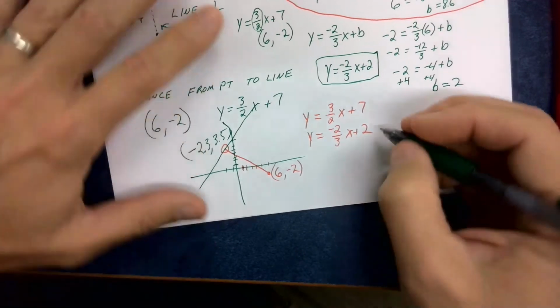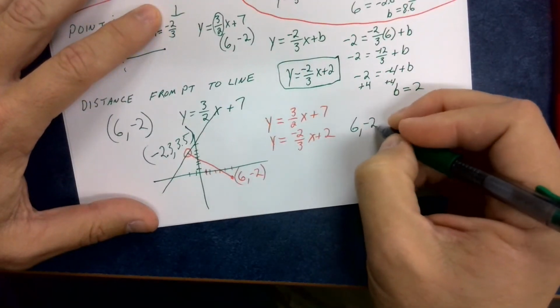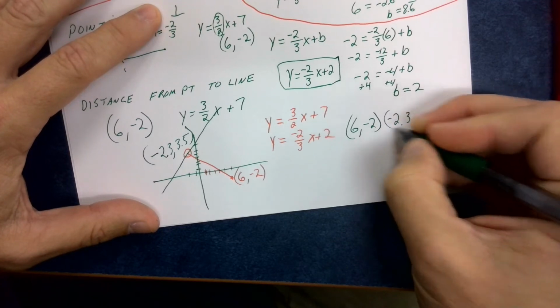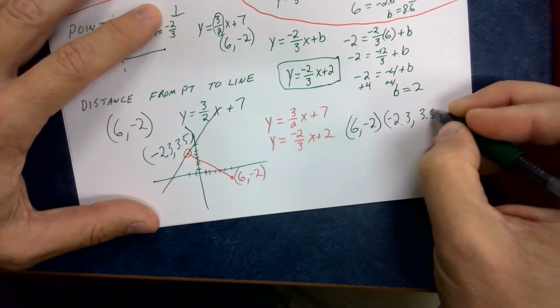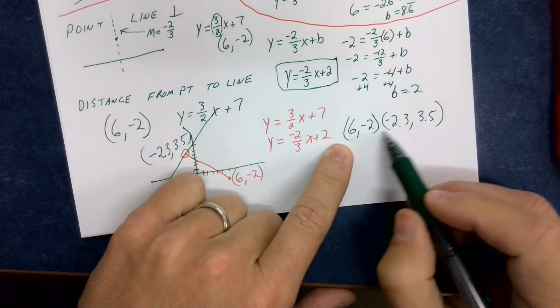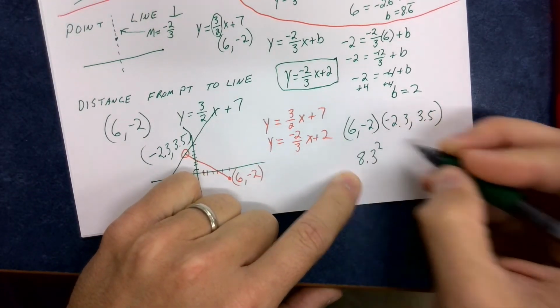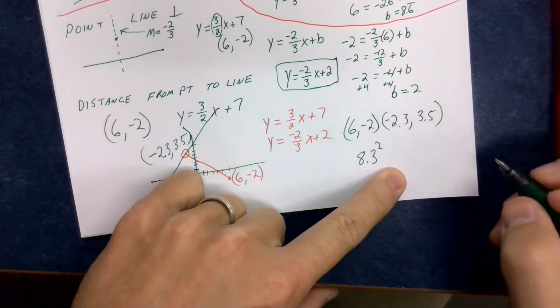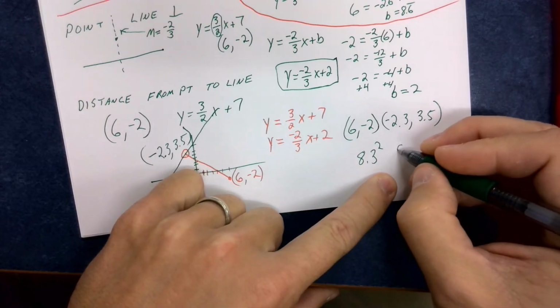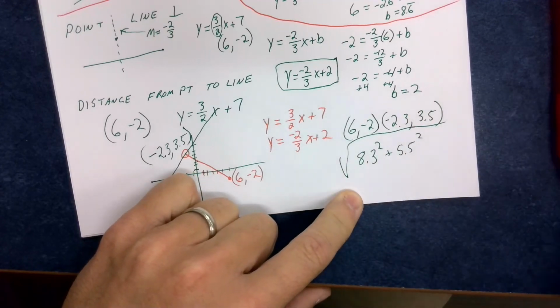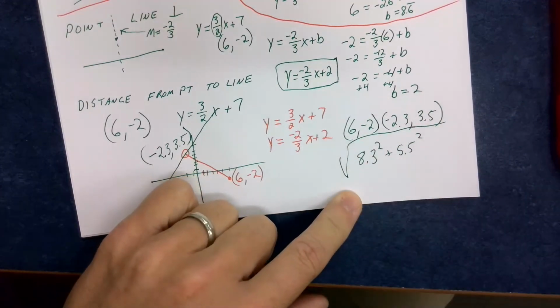Okay? So then I'm going to do the distance formula from 6, negative 2 to negative 2.3 comma 3.5. So how far is it from negative 2.3 to 6? That's 8.3 squared. How far is it from negative 2 to 3.5? That's 5.5 squared. And I square root that whole thing. Again, that's just my distance formula.